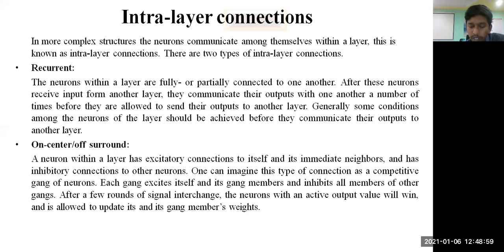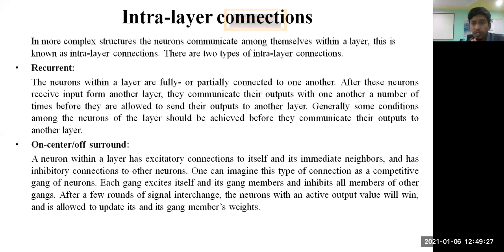As I said, connections are classified into two types, interlayer and intralayer. With respect to intralayer, you have recurrent connections, which you will see in the next session about recurrent neural networks. The neurons within a layer are fully or partially connected to one another, and these conditions among the neurons will be achieved before they communicate their outputs to another layer.